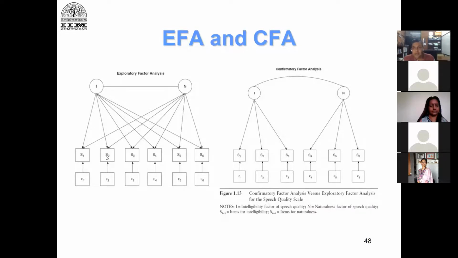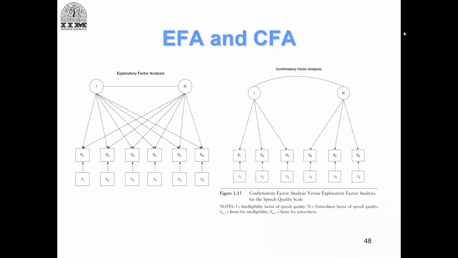So this is what we are trying to do here. We make no a priori hypothesis about whether these items are loaded on both these factors, and we ask the tool to explore the factor structure and tell us what the loadings are.